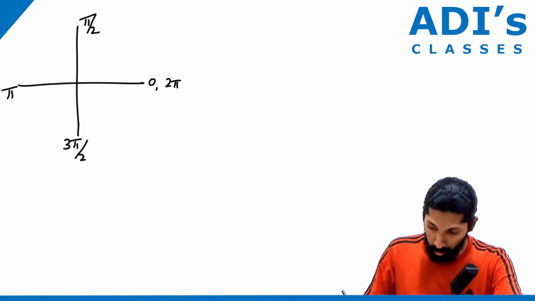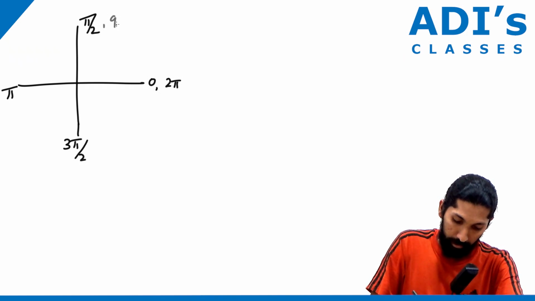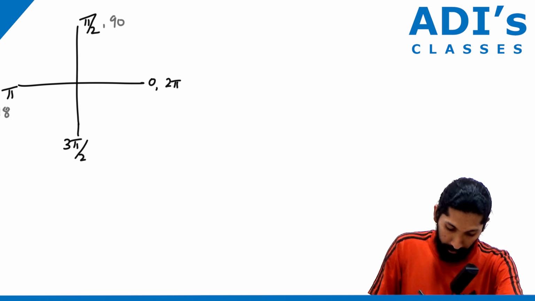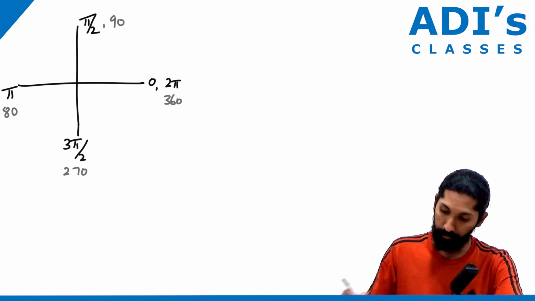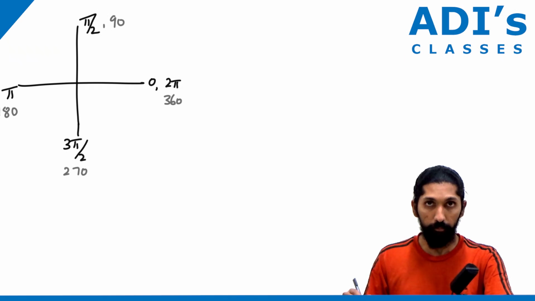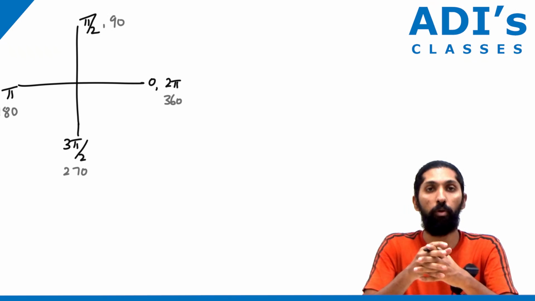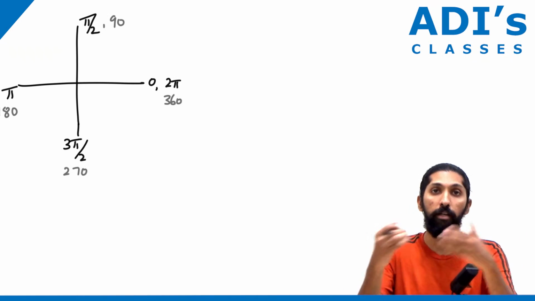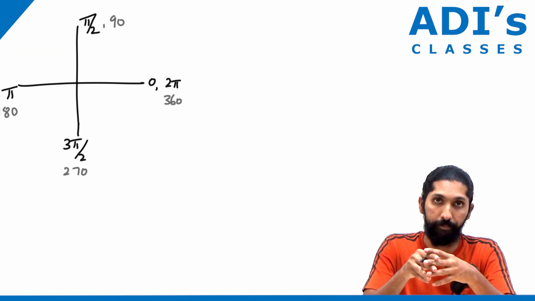Or we can also write this as 90, this is 180, 270, and 360. Correct? Four quadrants. Now, in these four quadrants, how are the trigonometric functions related to one another?